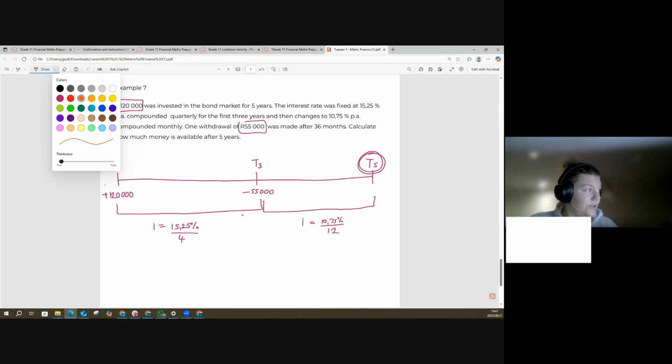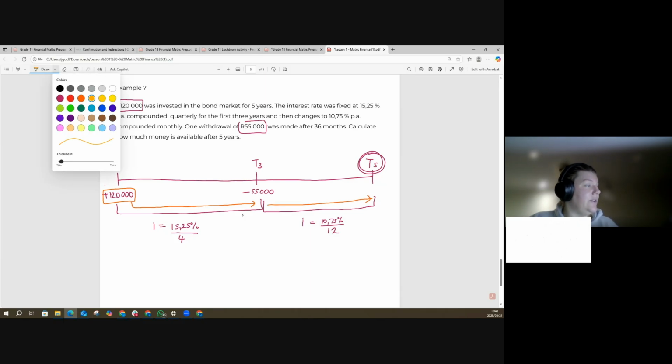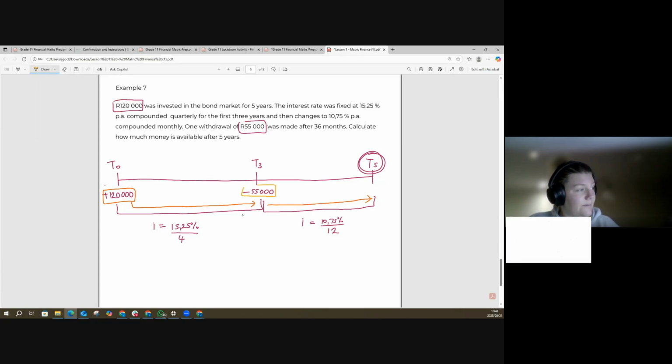There's 2 journeys you have to follow. You have to follow the journey of your 120, which is this. So it deals with both of those interest rates. And then you have to follow the journey of the 55,000 that you're taking out, and it's only got the 1 interest rate. So you've got 3 minutes to try and get this done. Let's see how it goes.